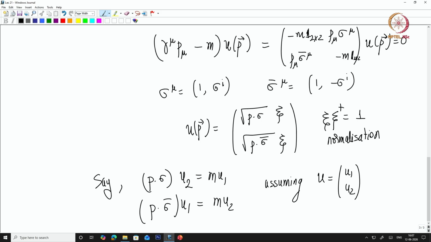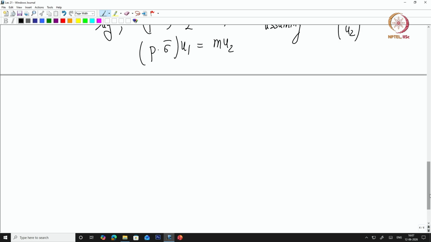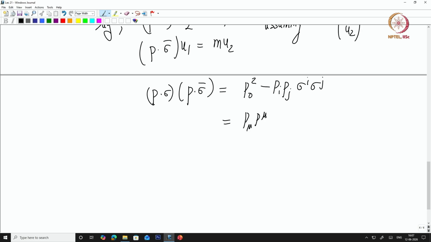Okay. With this you can get the desired form, you can work it out essentially. Because you have P dot sigma bar times P dot sigma, using the identity, P dot sigma, apply the same thing again, and P dot sigma bar is equal to P0 square minus Pi Pj sigma i sigma j, which is equal to P mu P mu, and that is equal to m square essentially.